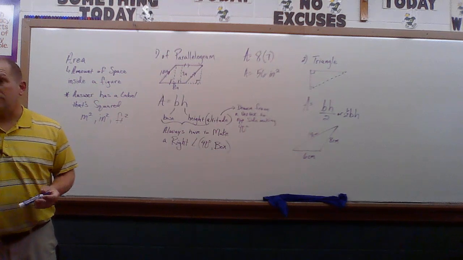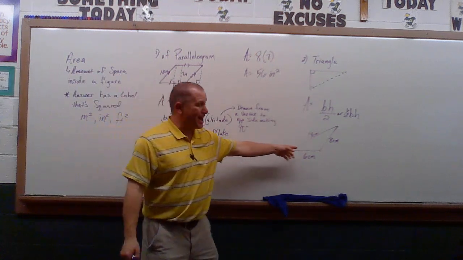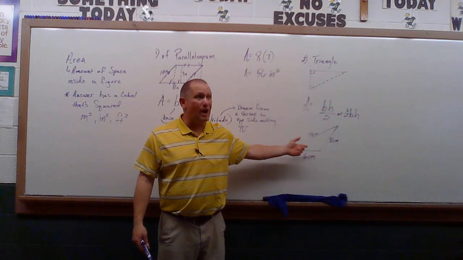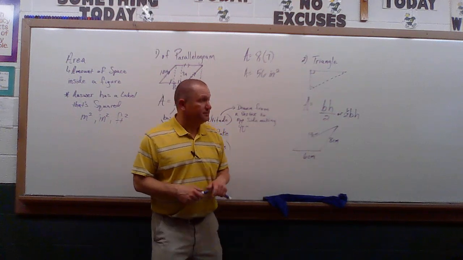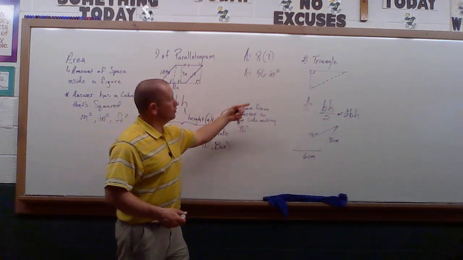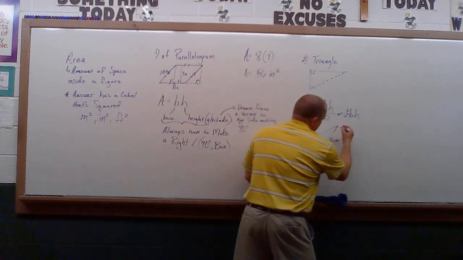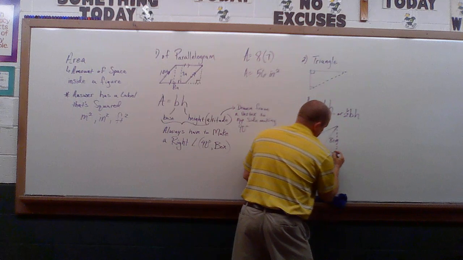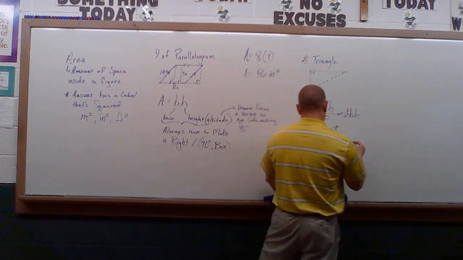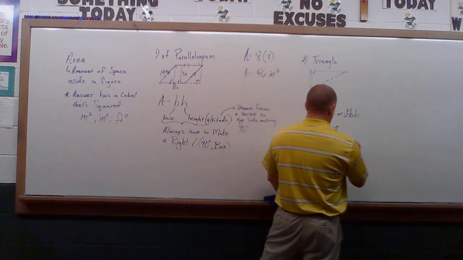No, you do not. Because I do not see a box in this problem. So how do I get my height again? Same thing, right? Some of the triangles are going to be given to you that show your base and height. Other times you have to draw them in. So my height here is, I don't know, 7 centimeters.